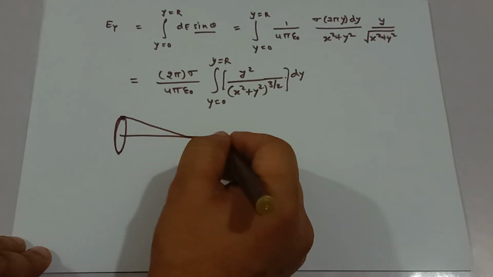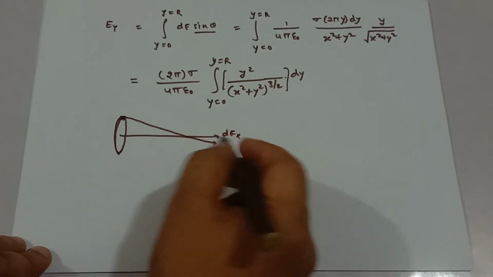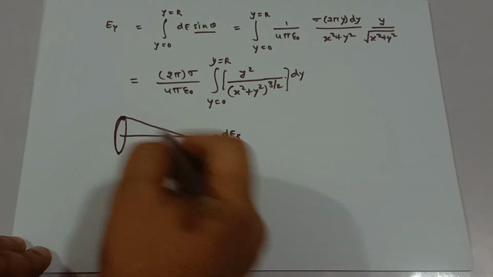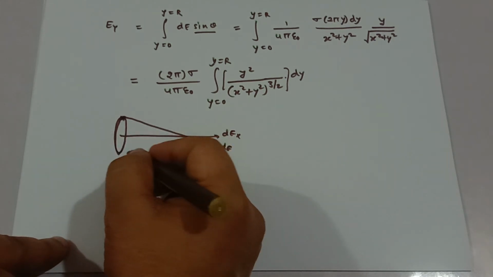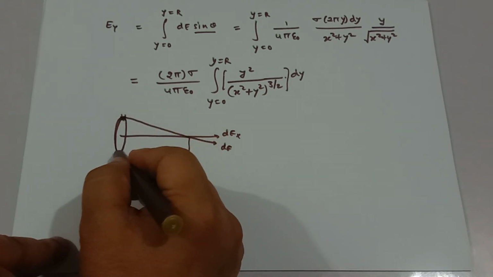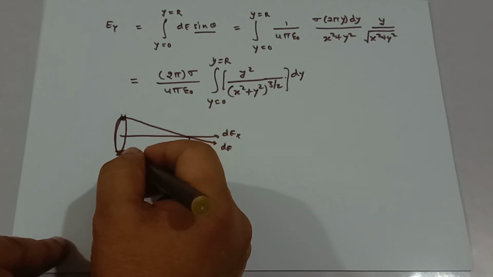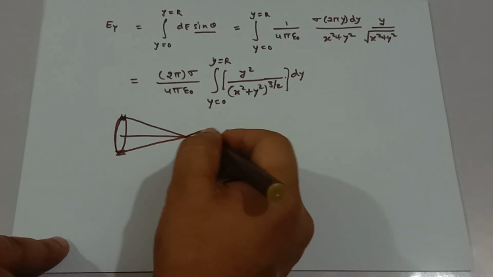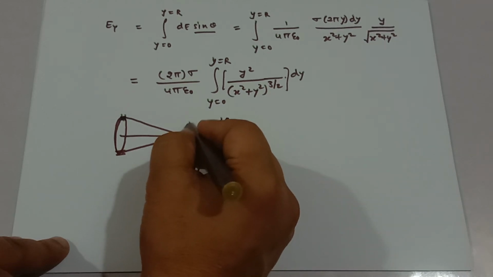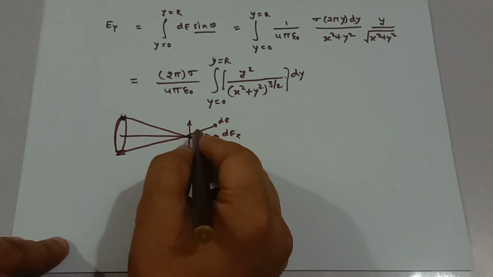The electric field along the x-axis would be dEx, and along the y-axis would be dEy. For every element on the upper side there would be an element at the lower portion which would exert an electric field in this direction, and the electric field along the y-axis would be cancelled out.